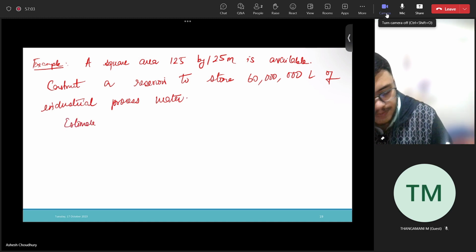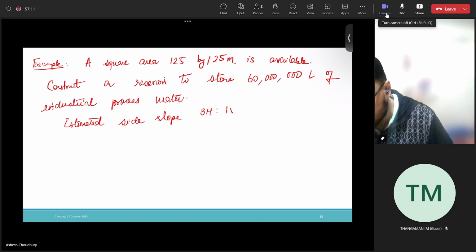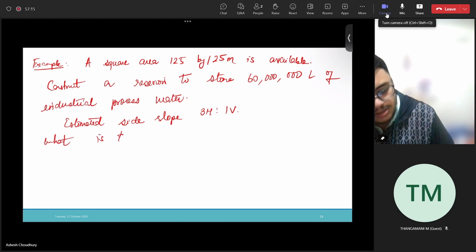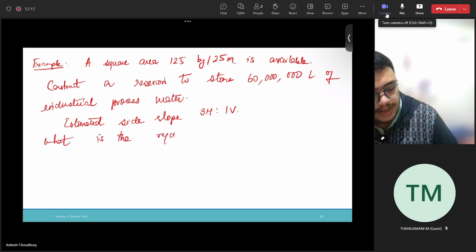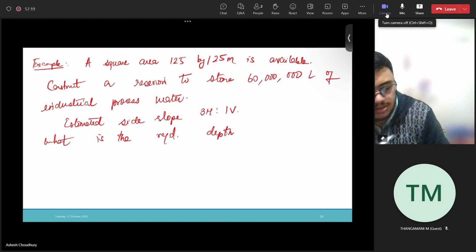Estimated side slope 3 horizontal to 1. What is the required depth? Required average depth, we need to find out the depth.